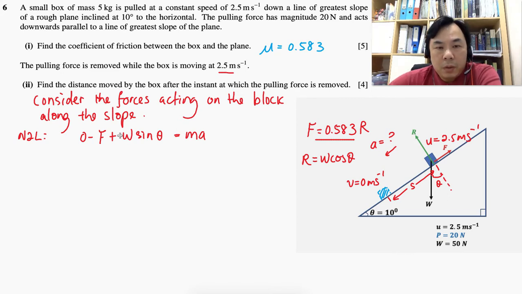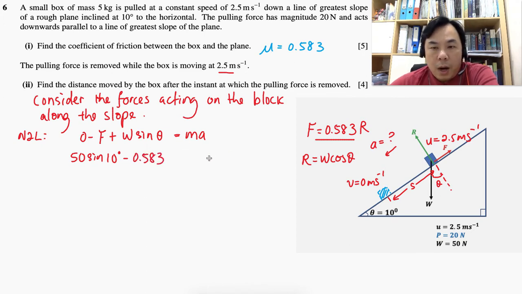So from here I'm going to rearrange this nicely. W is 50, so I'll write 50 sine 10 degree minus 0.583 R, where R is 50 cosine 10 degree.